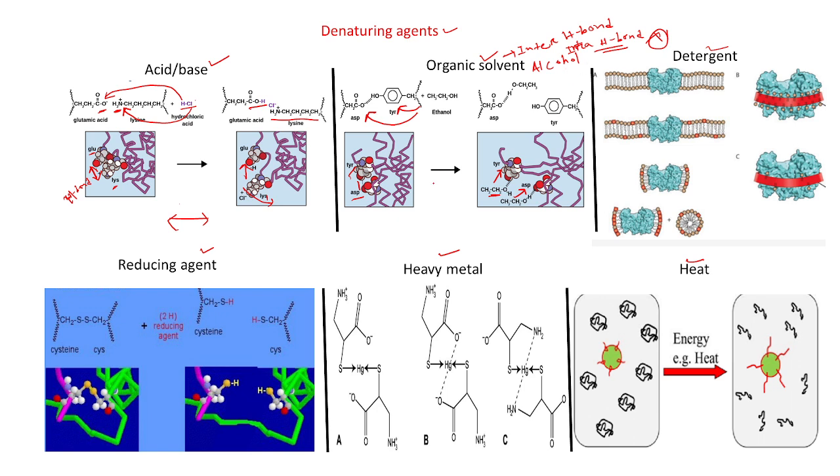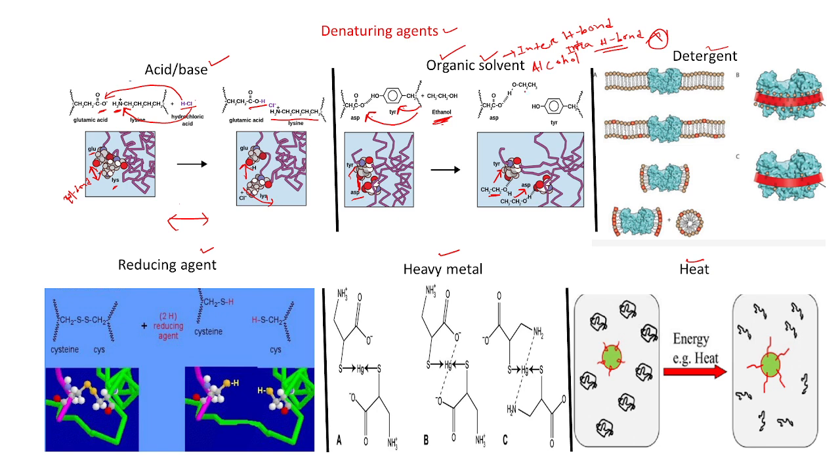That means the bond was formed between the aspartate and the tyrosine previously, but now after the administration of the ethanol, it forms a hydrogen bond with the aspartate and a hydrogen bond with the tyrosine, so it is the inter-hydrogen bond, so that it can disrupt the intra-hydrogen bond. So after that the protein can be denatured.